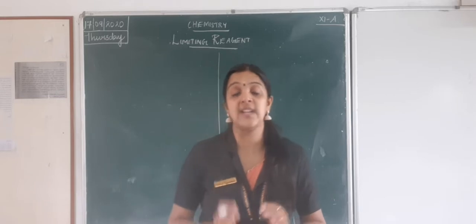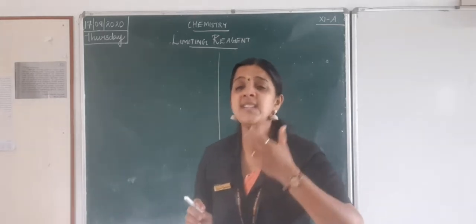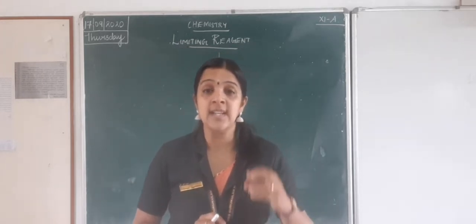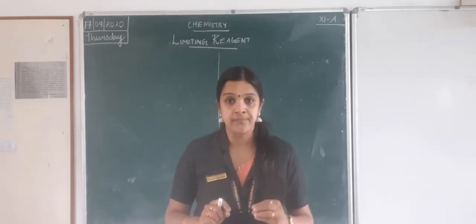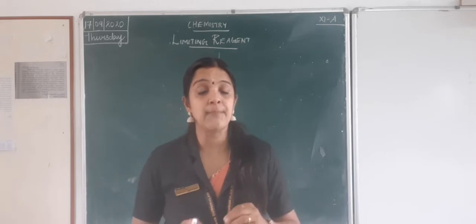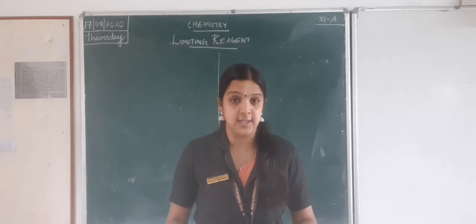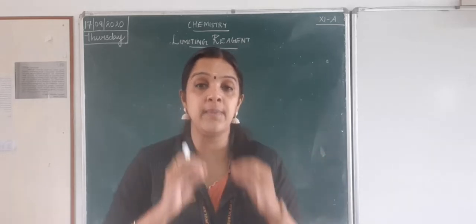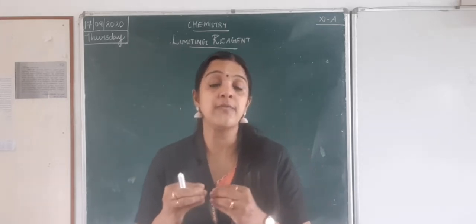So this is what is called a limiting reagent. When I take a chemical reaction, there are situations where the reactant will be available in lesser amount, so it will get consumed much faster. Say we have 2 reactants A and B. B is very less in amount, so it gets consumed faster.